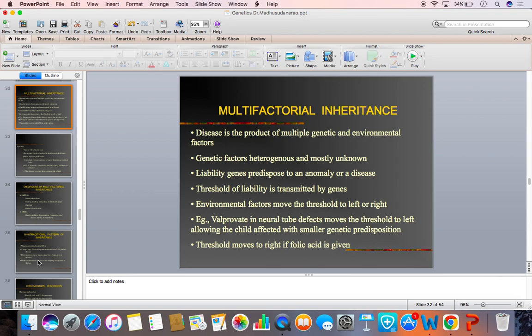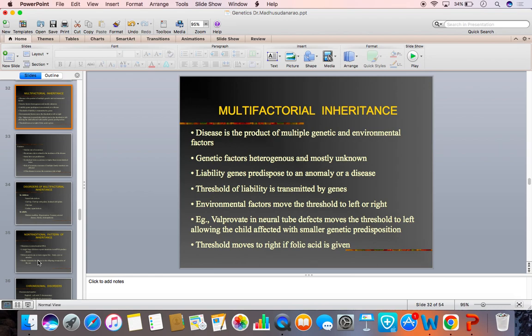Environmental factors move the threshold to left or right. For example, valproate in neural tube defects moves the threshold to the left, thereby the child is affected with a smaller genetic predisposition. So valproic acid has the tendency to cause neural tube defects in the newborn.